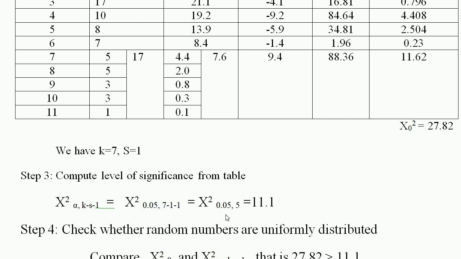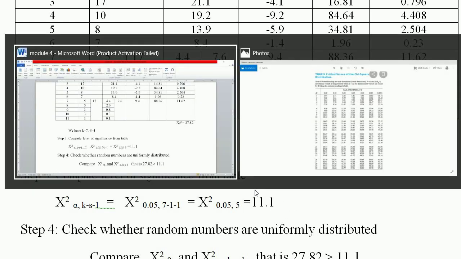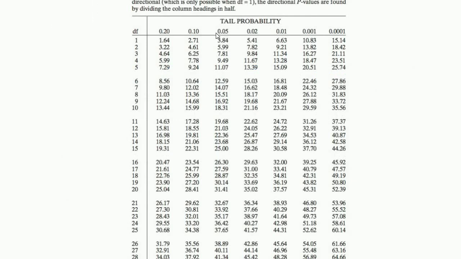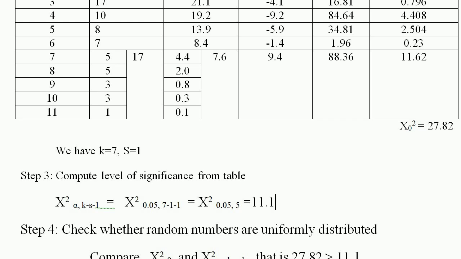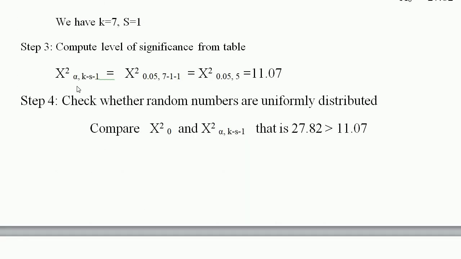So 7 minus 1 minus 1 becomes 5. 0.05 comma 5: let us see this value in the table. Here we have 0.05, and the 5 value is here. So we get 11.07, the critical value according to the table.